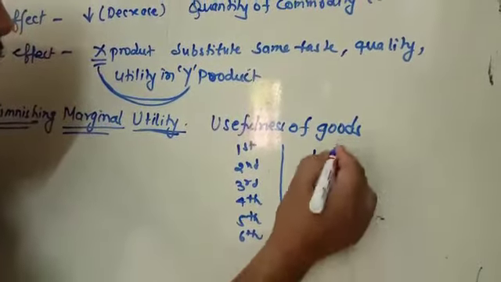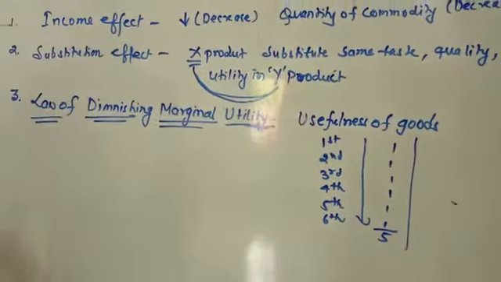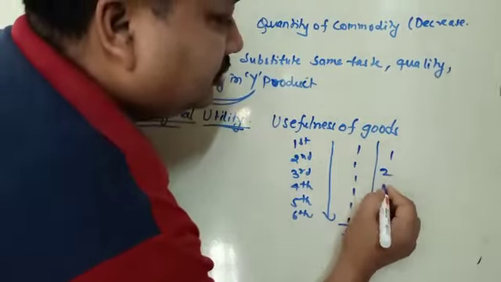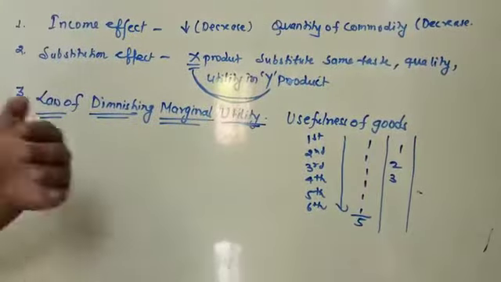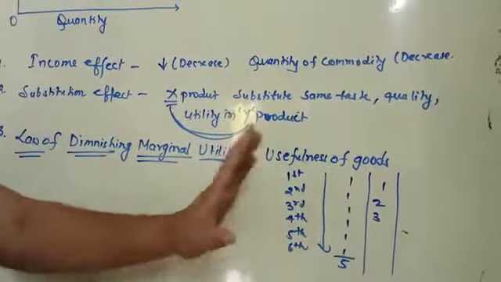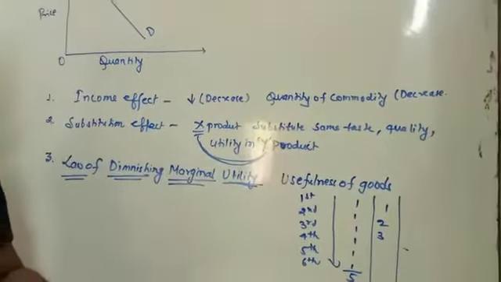Again you consume 5. It means you are adding to your consumption. In the beginning you are using only 1, that is the first, then second, third, fourth, fifth. You are adding your consumption.